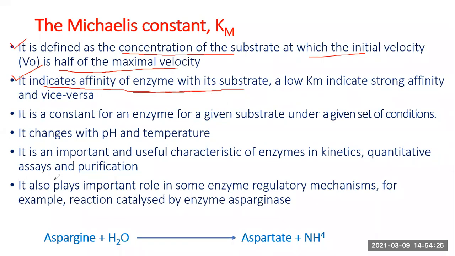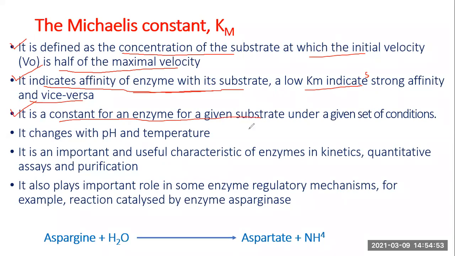It shows how much affinity the enzyme has for its substrate. A low Km indicates strong affinity and vice versa. A higher Km indicates that the enzyme doesn't have that much affinity for that particular substrate.